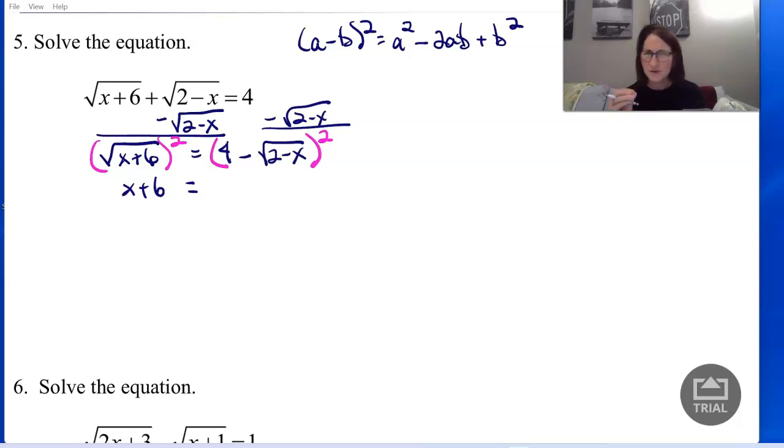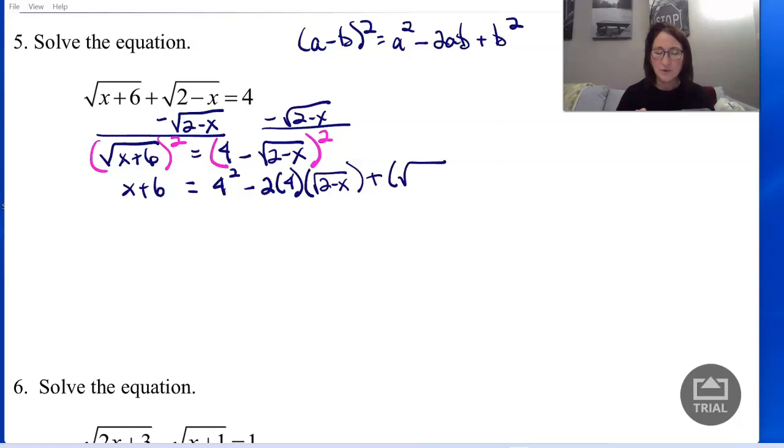The 4 is your a, and your radical 2 minus x is your b. So this is going to be 4 squared minus my formula 2 times my first term of 4, and then my second term, my b, of square root of 2 minus x. Then it'd be plus my b term, which is square root 2 minus x squared.